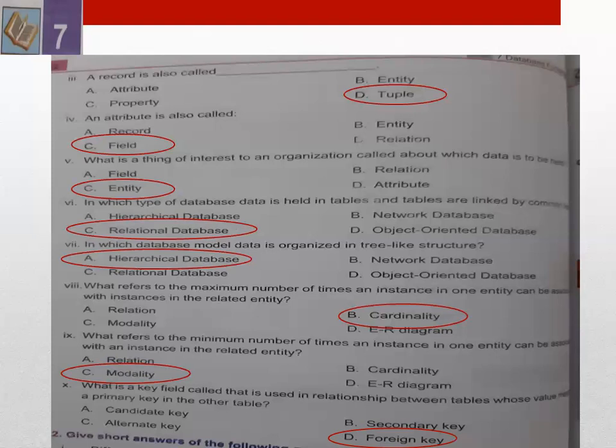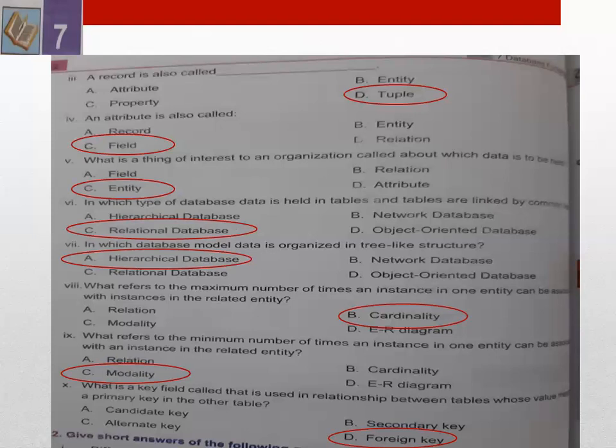And dear students, you must remember that when we talk about relationships and the relational database, the primary key and the foreign key are used to create a link between two tables. These are the common fields which we can use between two or three tables to create the links and the relationship.